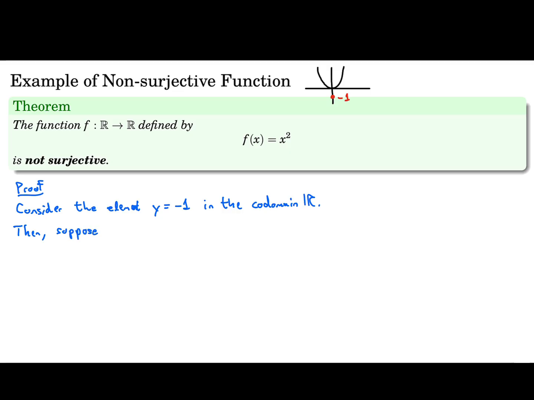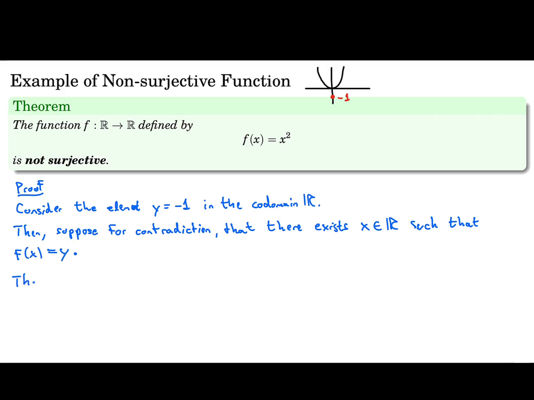Suppose, for contradiction, and it's always good to announce that you're doing contradiction, that there exists some x in the domain R such that f of x is equal to y. But what is f of x?